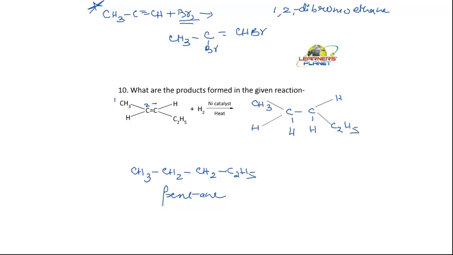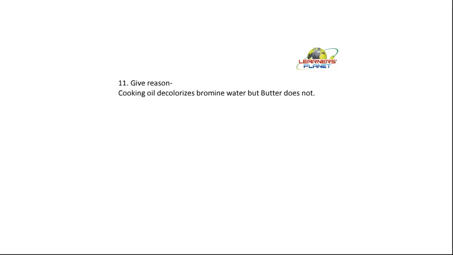Now here what was it? If I am numbering this 1, 2, 3, 4 and 5, this would have been pent-2-ene. Okay, so this is the reaction for the conversion of an unsaturated compound to a saturated compound.